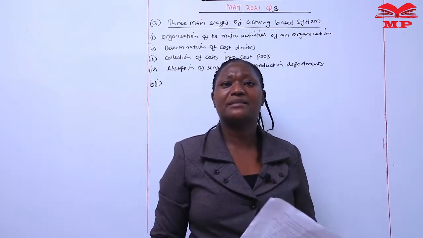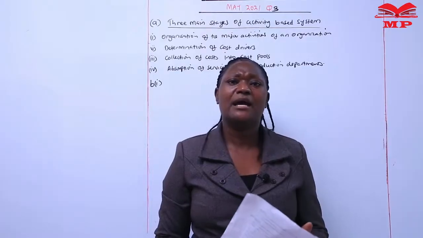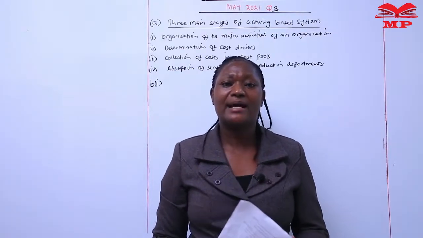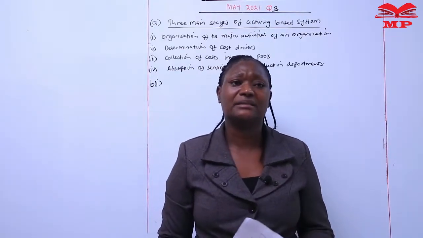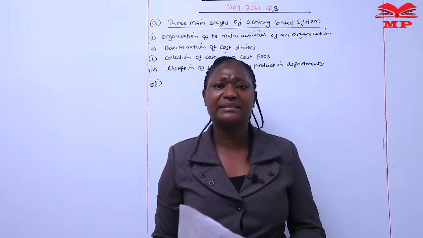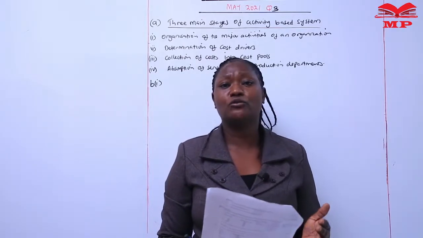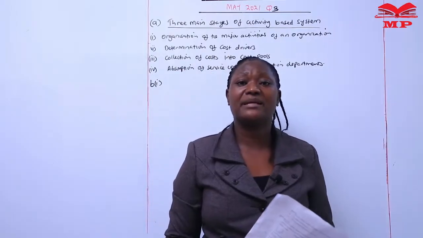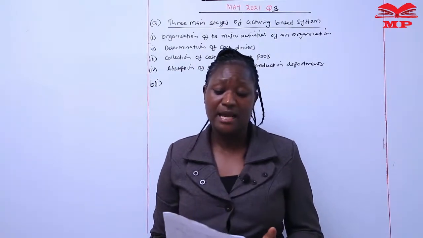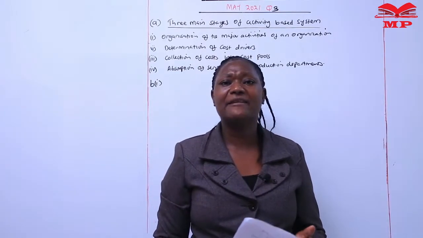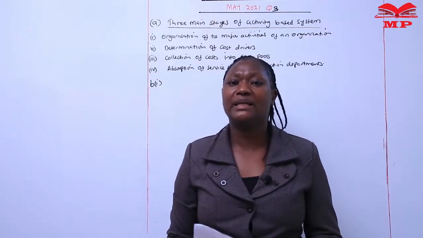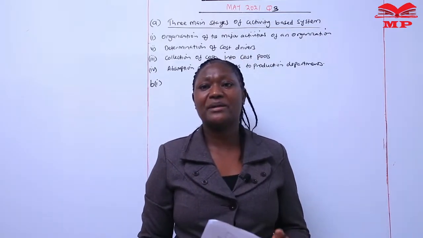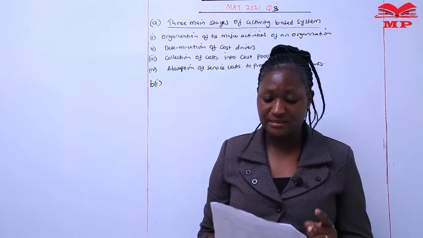So service departments are providing services to each other as well as to production departments. So when we have such happening, it means that we have to do what we refer to as reciprocation of one service department with the other service department. And therefore, the process normally involves repeated apportionment until we ensure that we have zeros in the service department.